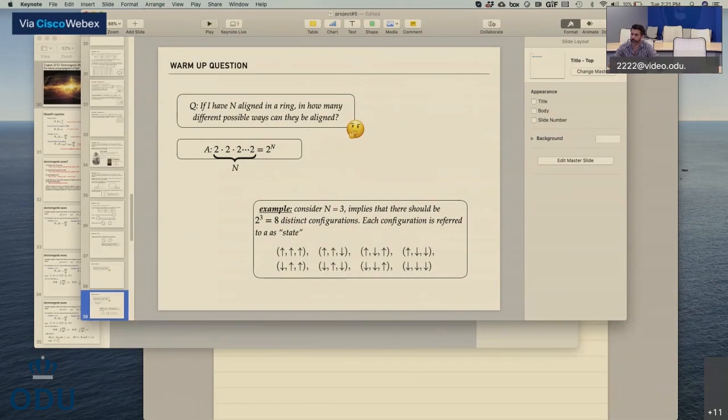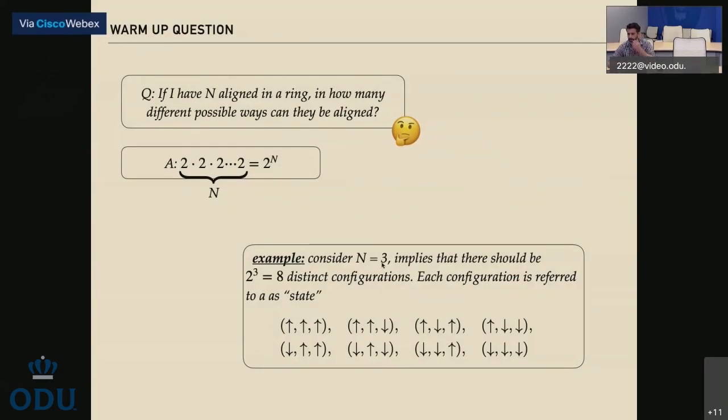And just to make it that much more explicit, here I consider a case where n is equal to 3, and that tells me that there should be 2 to the 3, meaning 8 different configurations. Okay, and each configuration, I'm going to refer to as a state. So it's a state of the system. First I just aligned these, I drew them so that I fix the first spin to be up, and then I put a comma, and then I think about the direction of the second spin, and then I put a comma, followed by the spin of the third one, okay?